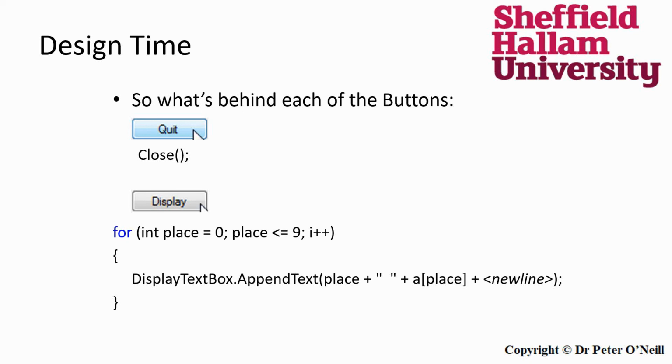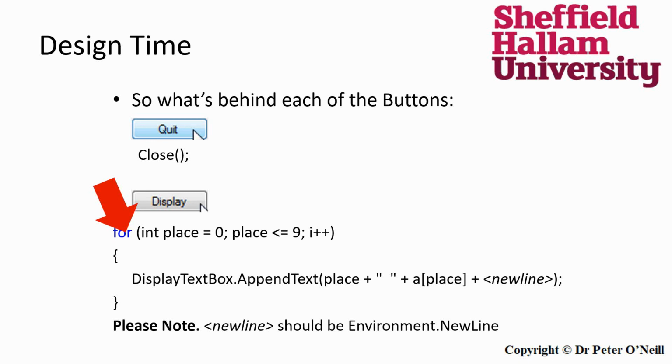So don't forget that. It's Environment.NewLine. So in place, what happens is it comes in, it sets place to 0, and then it says, right, let's go in. It reads the element of place and it appends it to the end.